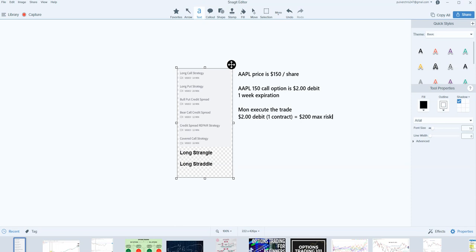So the nice thing about a long call option is I know that my risk is defined. I can lose no more than what my maximum payment is on the option. Okay? So if I pay $2 for that option contract, it controls 100 shares. So it's $2 for the debit times one contract is 100 shares. So it's $200 max risk.